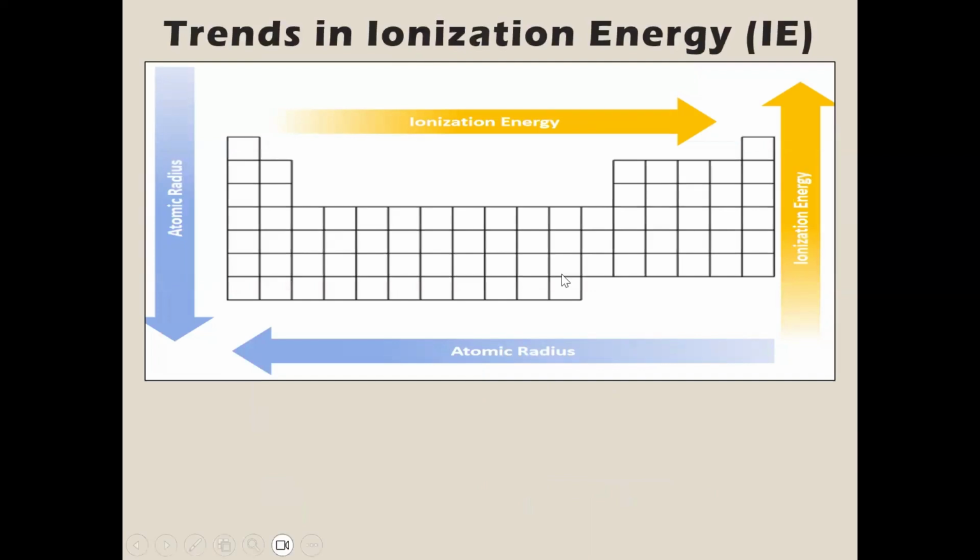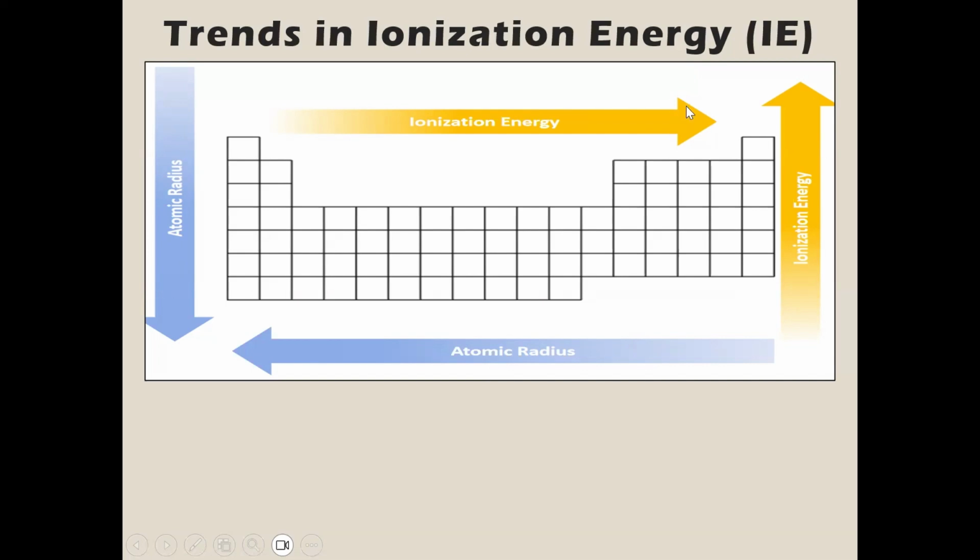This is the trend in ionization energy. As the atomic radius increases down the group, ionization energy decreases. So ionization energy increases from bottom to top. And the atomic radius increases from left to right, but the ionization energy increases from right to left.